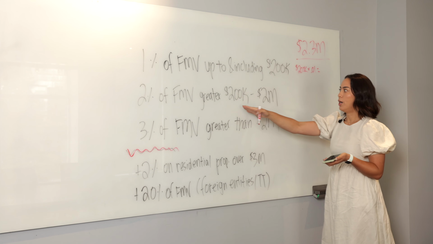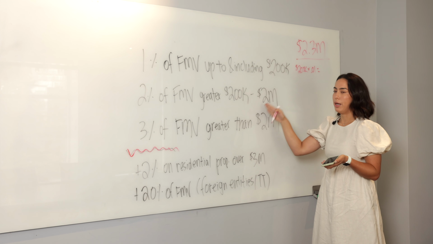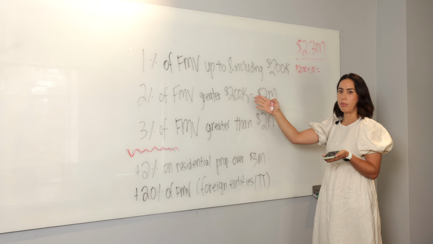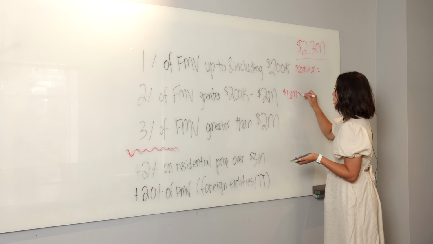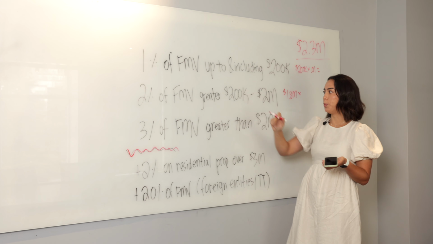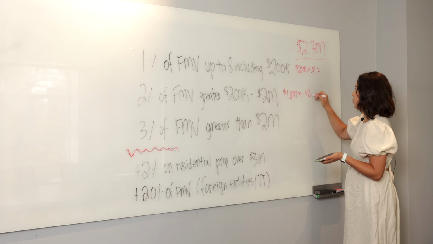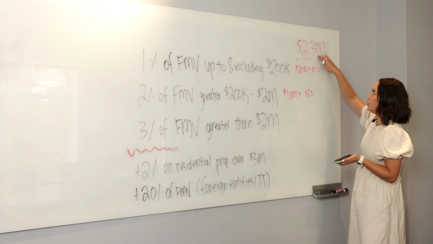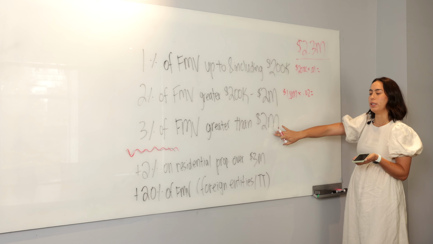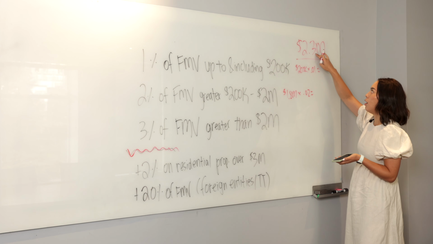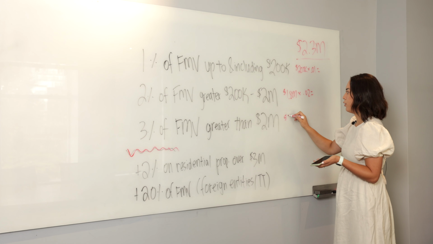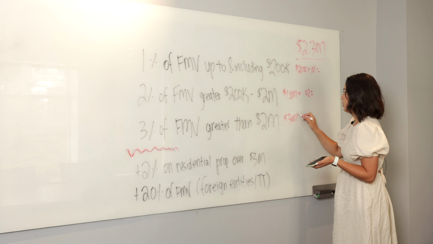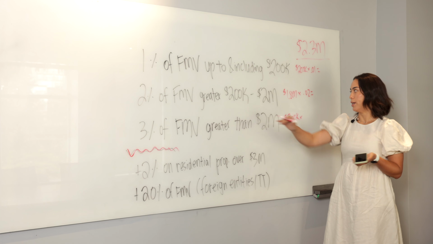Then, 2 million minus 200K is 1.8 million. So we've got 1.8 million that is going to be subject to that 2%, so 0.02. And then because you have a portion that's over $2 million, how much of it is that? 2.3 million minus 2 million, that's 300K. That's going to be subject to 3%.